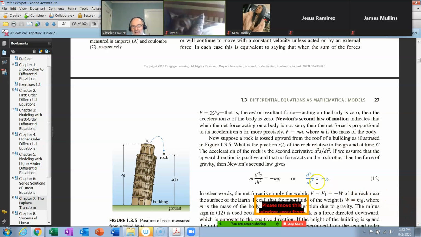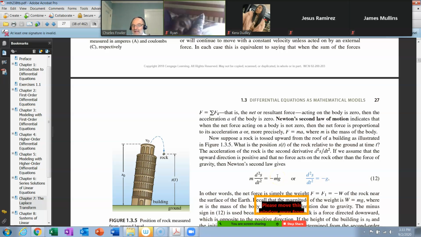So here is basically Newton's second law. Force, which is mass times acceleration, is equal to mass times acceleration, you might say. This is the mass times the acceleration of an object that's falling, is equal to, and they put a minus sign here because it's going downward, the mass times the acceleration due to gravity.